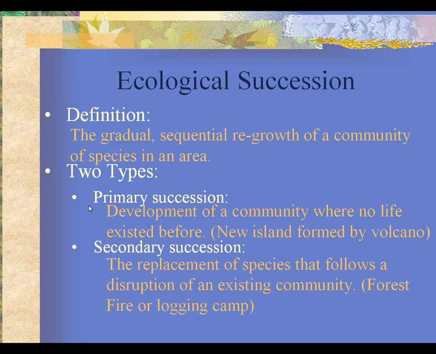Again, there is soil there in secondary succession, and something has already lived in that soil. It was just damaged or removed for whatever reason. It could be natural causes or human activity.